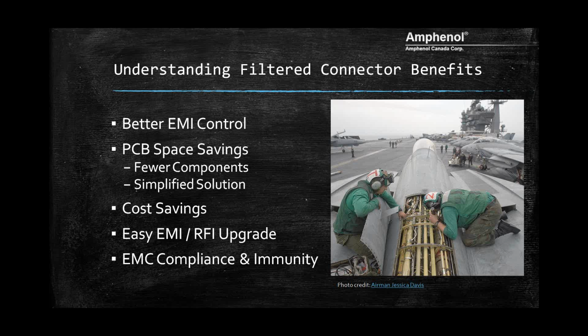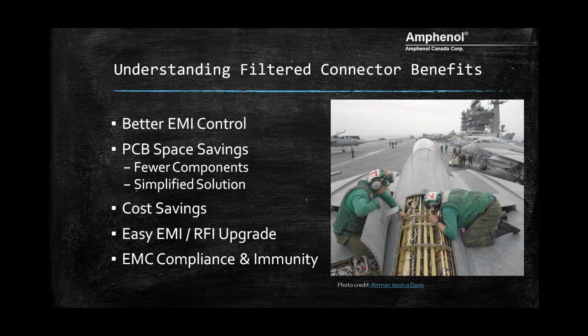So this is where you would like your system to have some type of control. Now, what a filter connector can give you is space reduction within your LRU, or line replaceable unit, by removing PCBs and extra bracketry required to mount your printed circuit board.